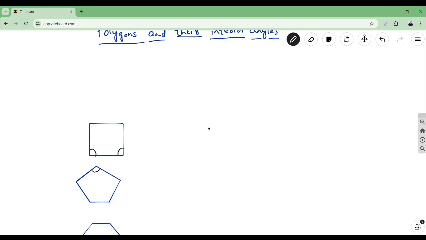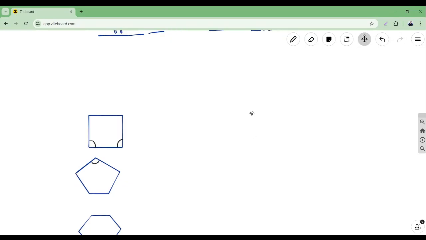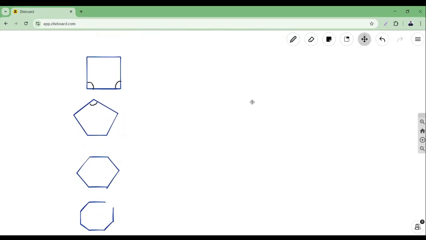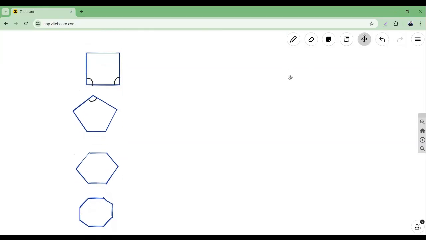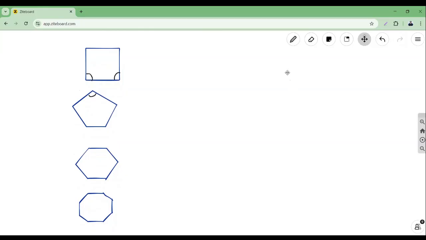That's all. And if you see, I have taken different types of polygons: four-sided, five-sided, six-sided, seven-sided, sorry, eight-sided. And we know the names of them also. We're going to write them. Also, I have taken regular polygons. Regular polygons means all the sides are equal to each other.